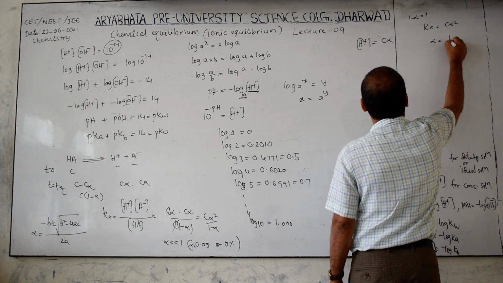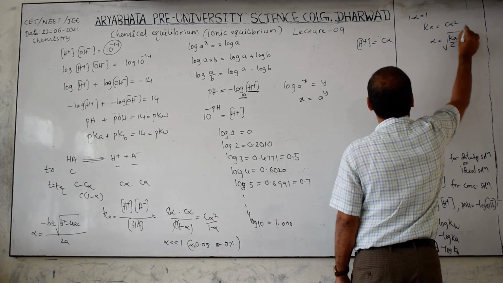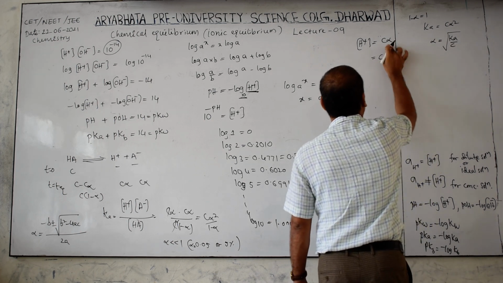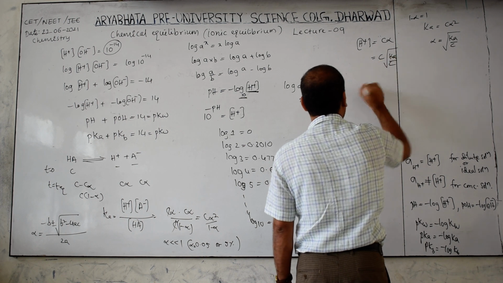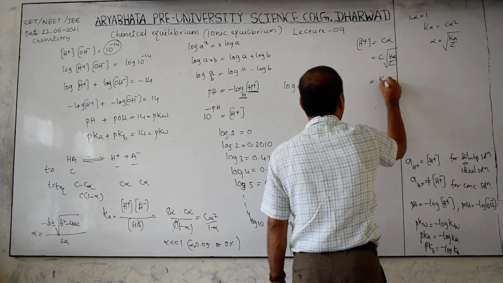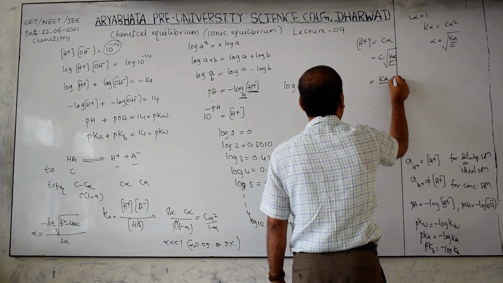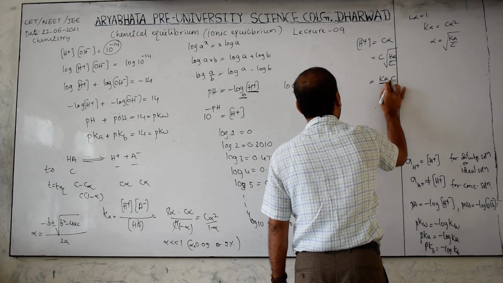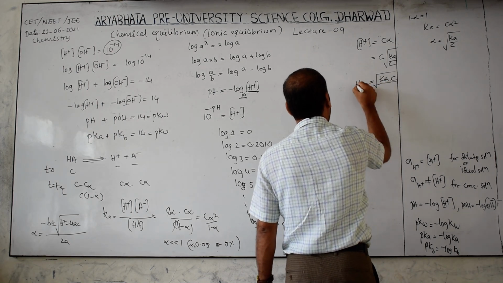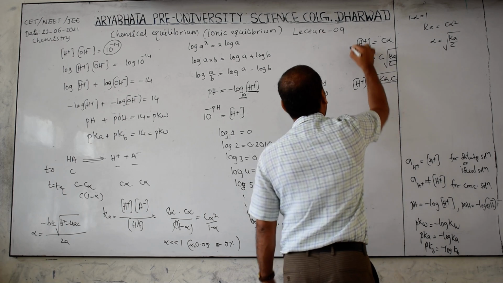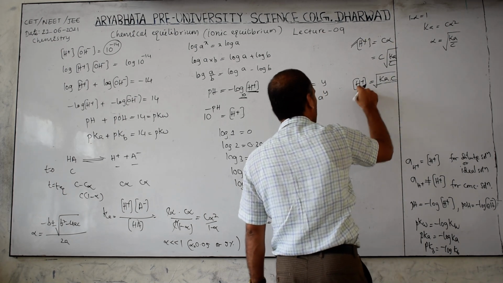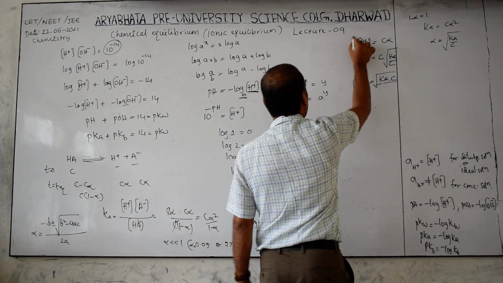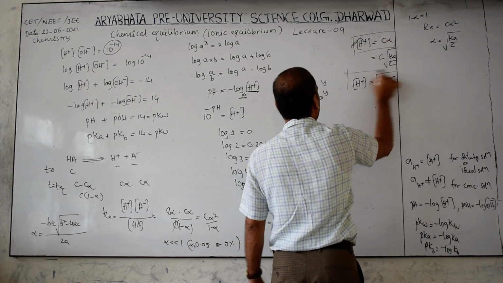Then alpha is equal to root of Ka by C. Here, H plus is C alpha, so putting root of Ka by C and taking C inside, we get root of Ka into C. This is the H plus concentration formula. You can use it when Ka is given. These formulas you have to remember; they will be asked directly in the examination.